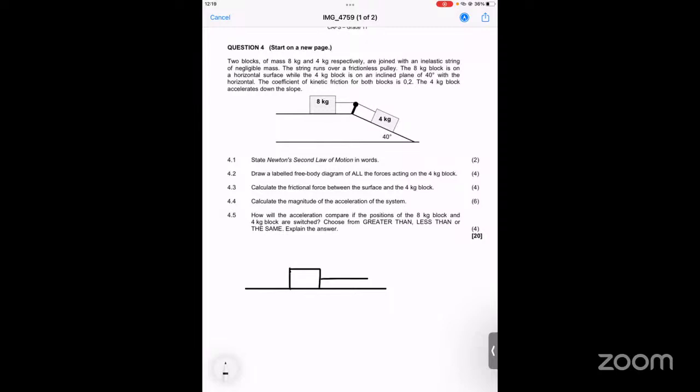Let's say now this object is being pulled in that direction by whatever applied force, and they do state that this surface, let's say it is rough. So in terms of the forces acting on that object, we are going to have this one going down, which is our Fg.